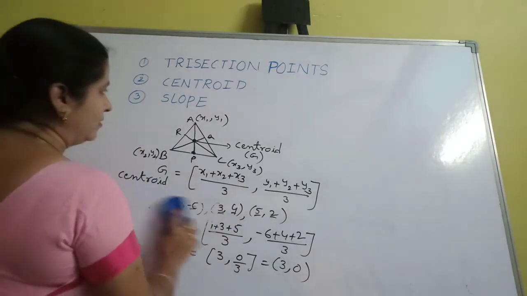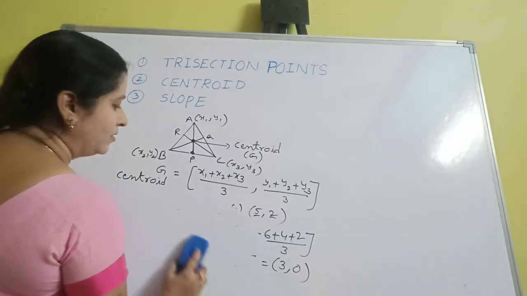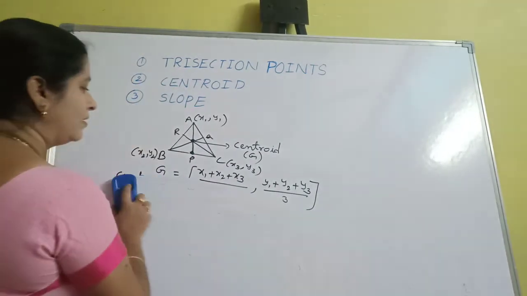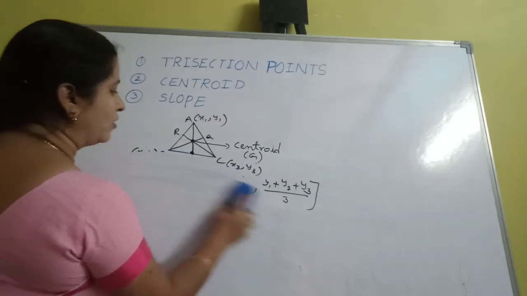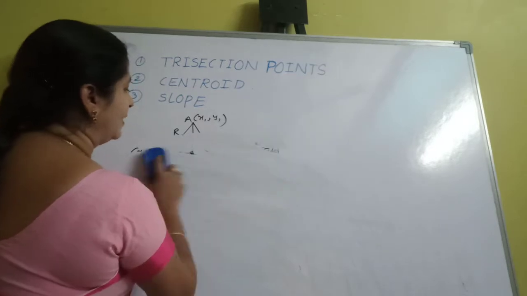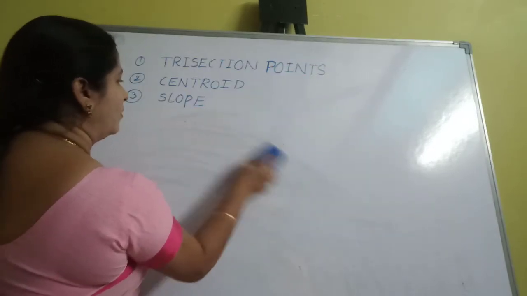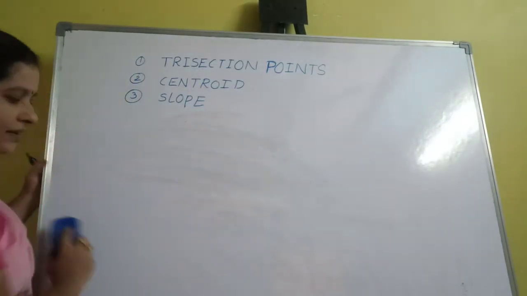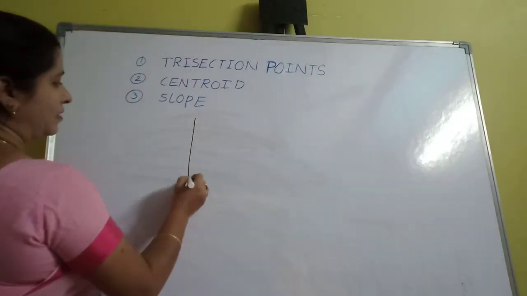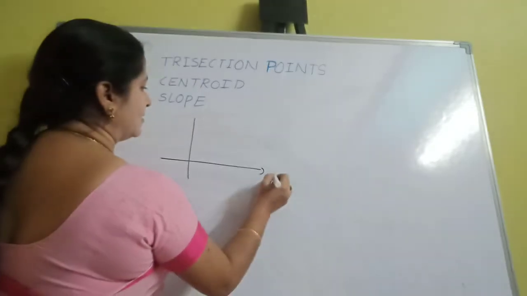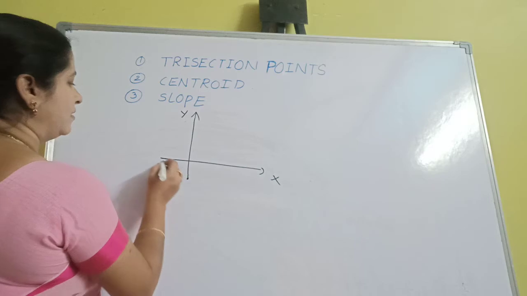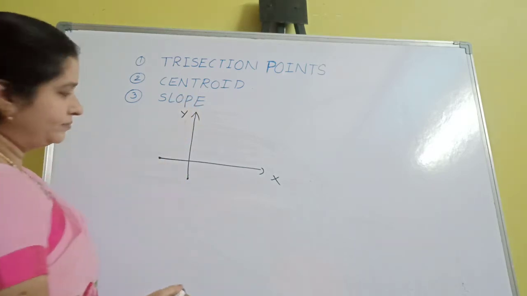And the next topic: slope of a line. What is meant by slope? This is coordinate geometry. Suppose we are taking coordinate axes like this: this is the x-axis and this is the y-axis.